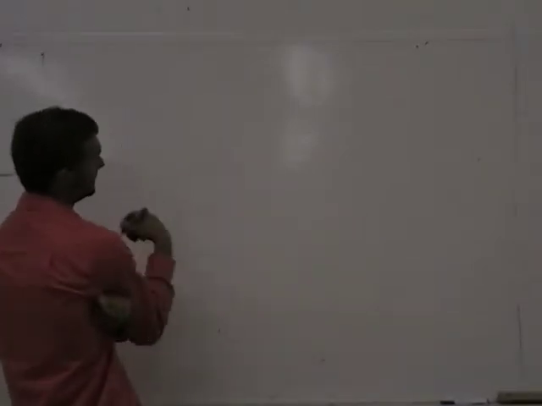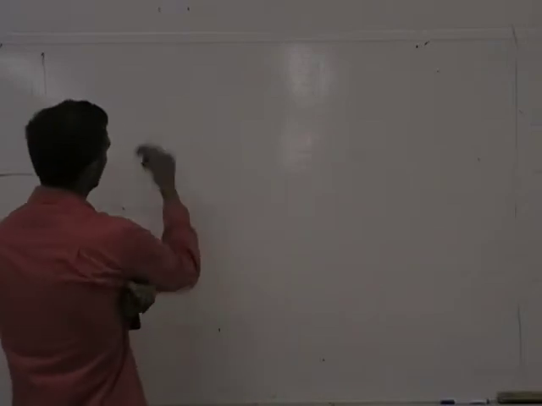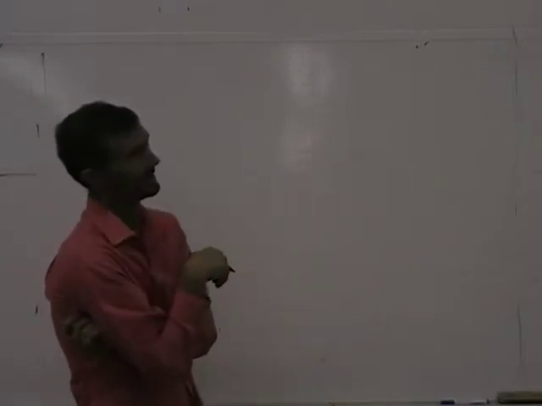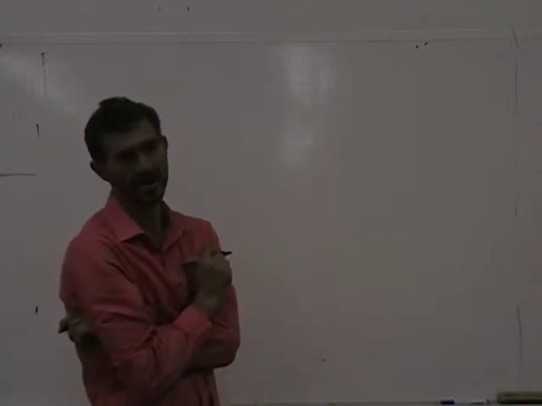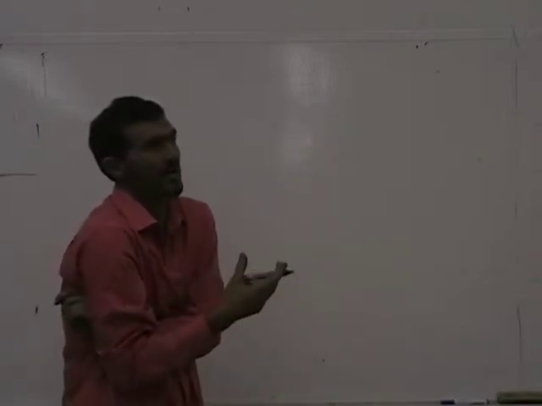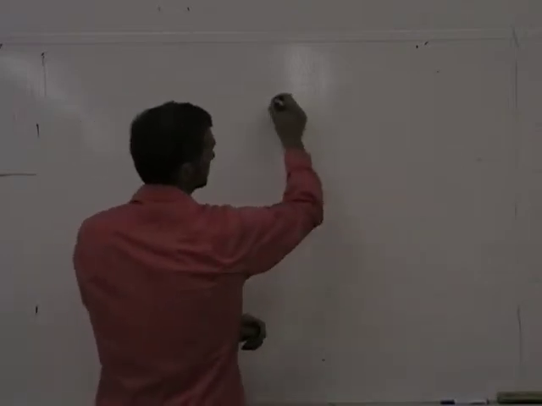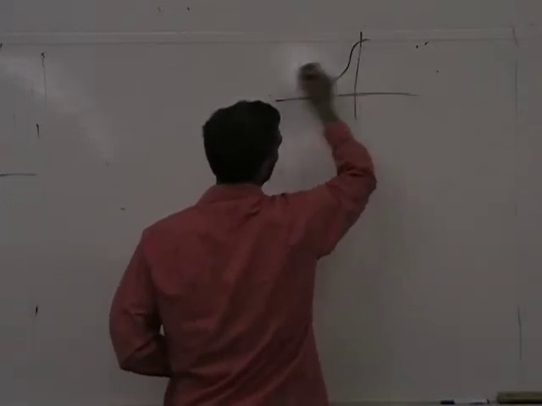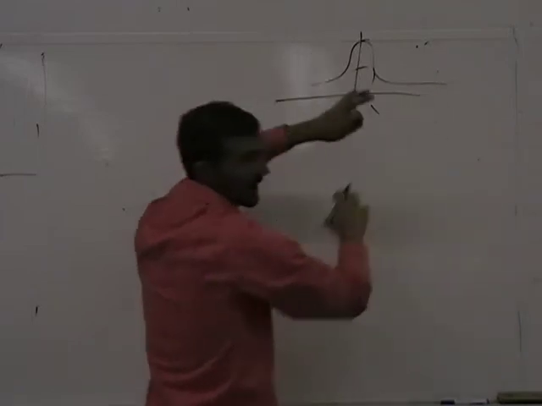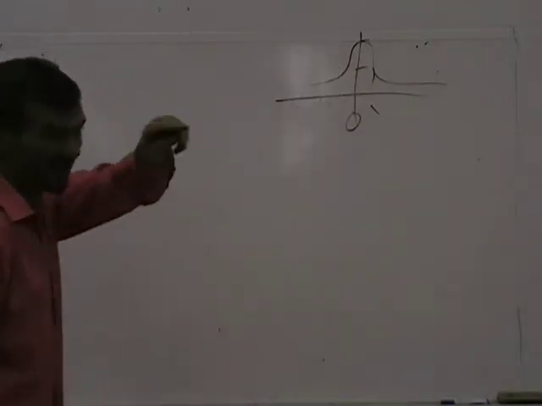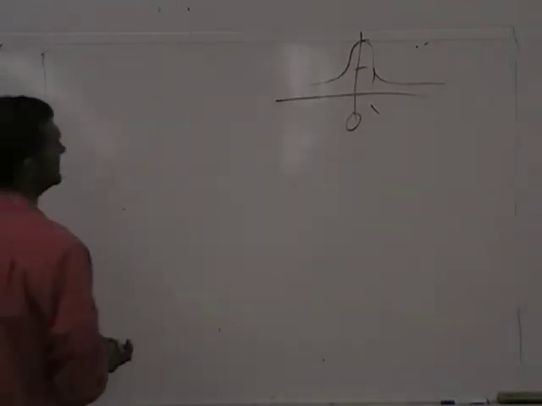If I say I have a sample from a normal population, a standard normal distribution, 0, 1, Gaussian Z statistic check.